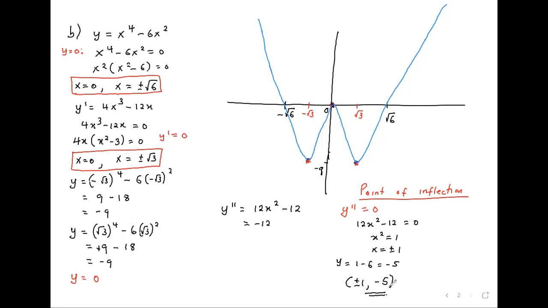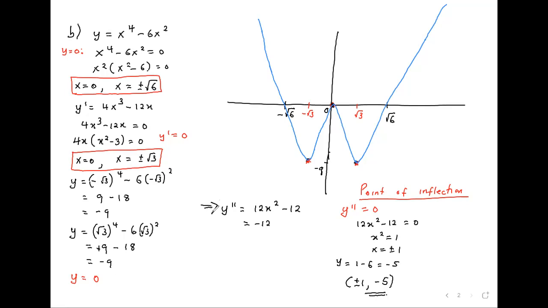No. That other 12, a constant, does not become 0. This is our derivative, actually. What is the second derivative? This is the second derivative, is it? Yes, sir.